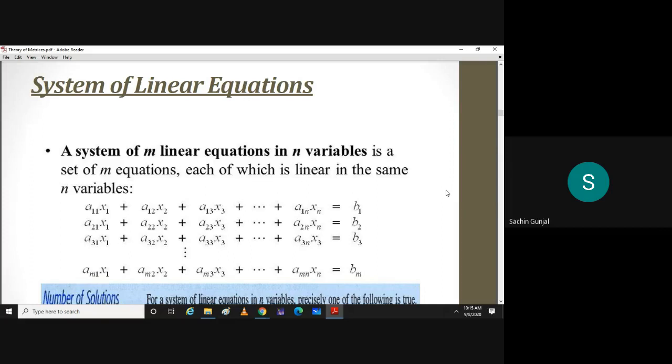So note down the operations: C3 minus 5 times C1, and C5 minus 2 times C1. What will you get? We will get third as 0, 0, 0, fourth as 0, 7, 0, and fifth one is 0, minus 3, 0.